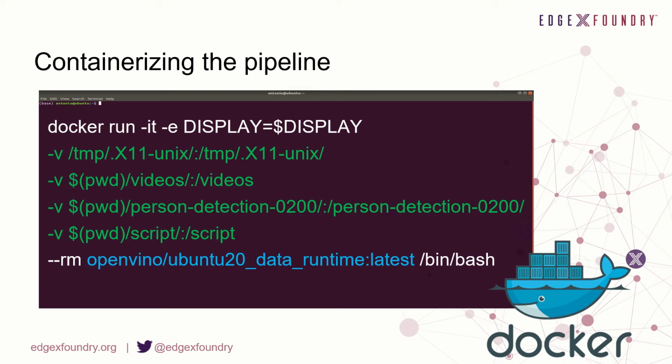And then you just select in blue the Docker image for OpenVINO, in this case using the Ubuntu 20 version. And then lastly, you just execute the /bin/bash command. This will give you a terminal inside this container, and you can simply execute the previous command that we just saw for DL Streamer.